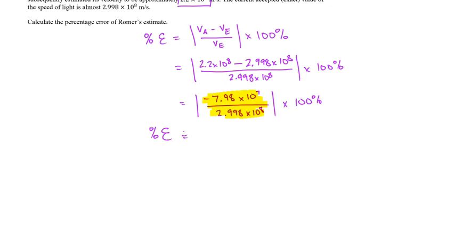So this becomes approximately 0.266 times 100%, which means our error, rounded to 3 significant figures, is 26.6%. So it's really important to be able to apply this formula accurately, to know that your answer should always be positive, and to know that the units are percent.